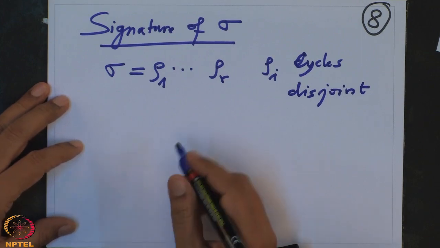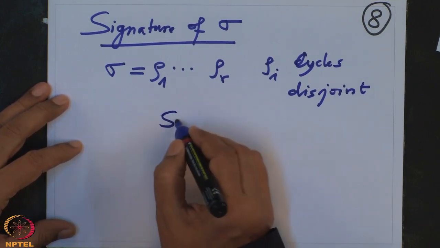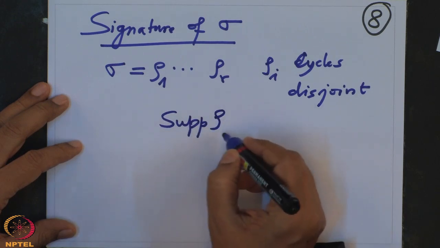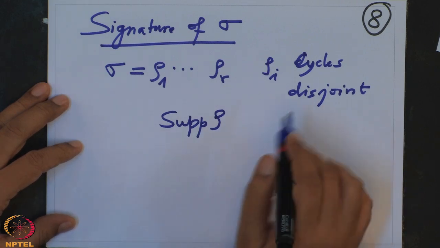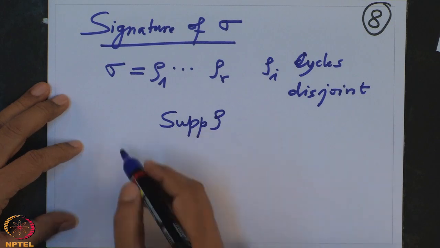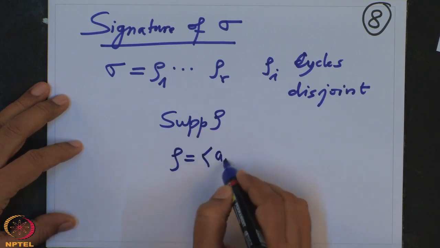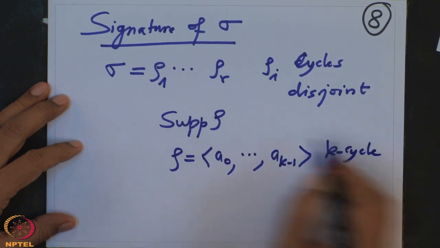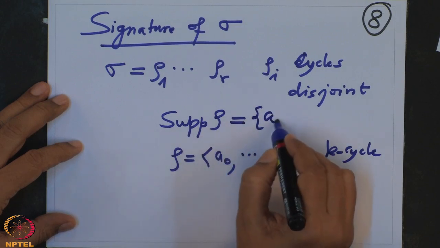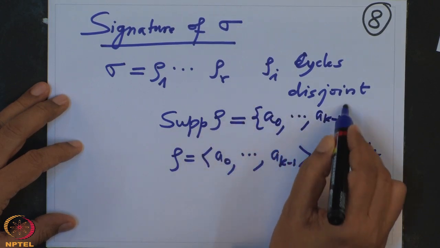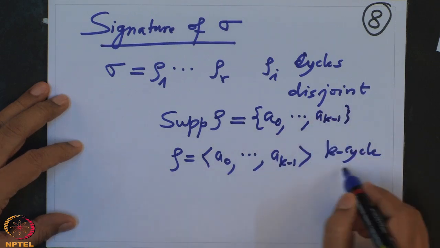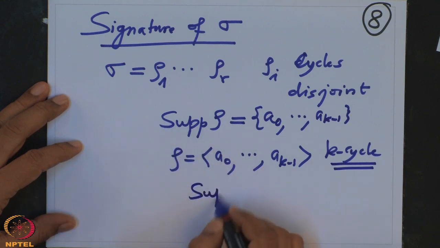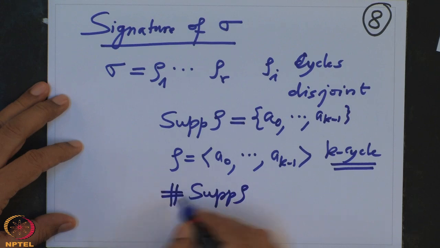Therefore, support, what is the support of a cycle? The support of any cycle rho is precisely the elements which it moves, that means the elements which it contains. So if rho is this (A0 ... A_{k-1}), a k cycle, the support of rho is precisely this subset {A0, ..., A_{k-1}}. So if rho is a k cycle, then the cardinality of the support is precisely k.